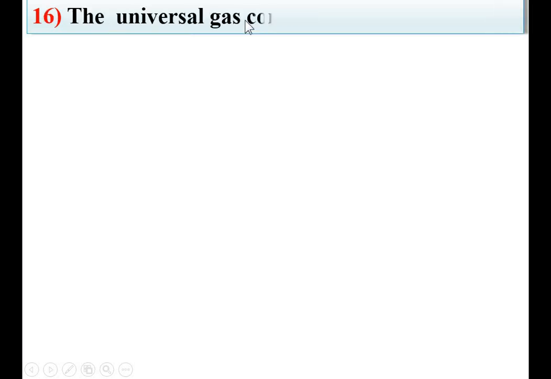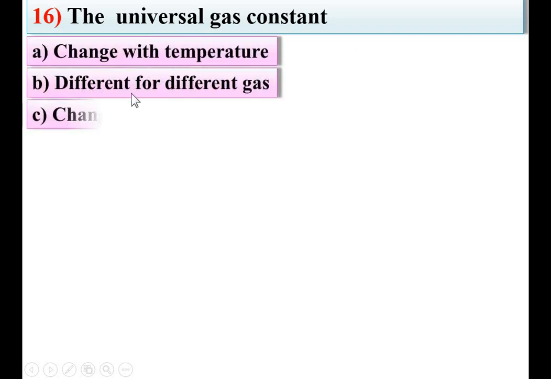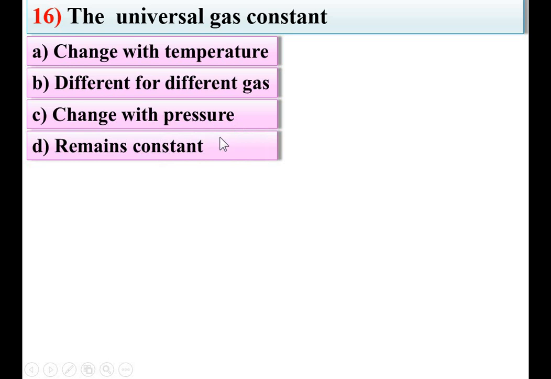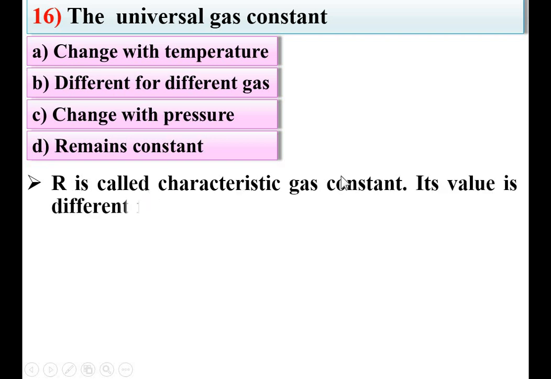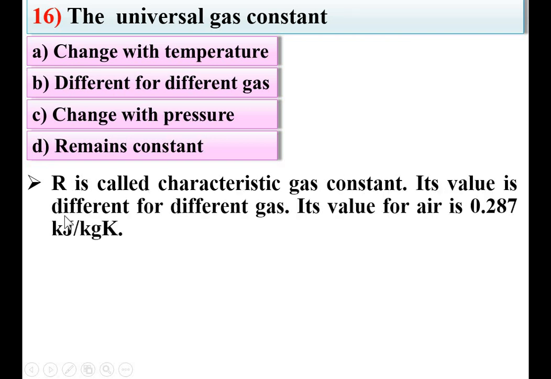Next, the universal gas constant: changes with temperature, different for different gas, changes with pressure, or remains constant. So let me show you one important note. R is called characteristic gas constant. Its value is different for different gas.